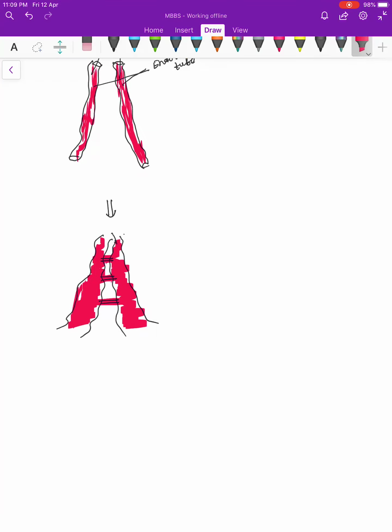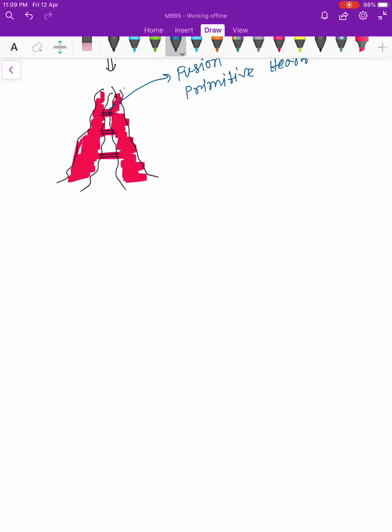Okay, so this is the fusion into the primitive heart tube. So it begins to form the heart tube, which is a single structure.